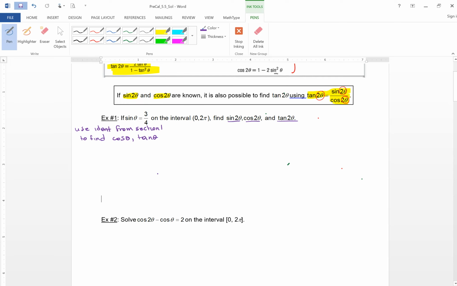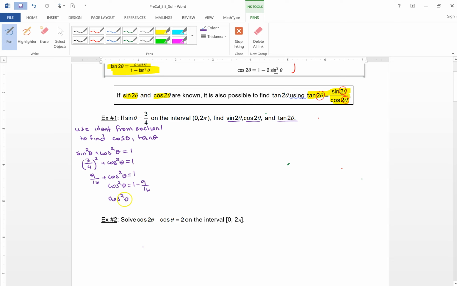If you have sine of theta, how do you find cosine of theta? Well, sine squared theta plus cosine squared theta equals 1. So here we have 3 over 4 squared plus cosine squared theta equals 1. 9 over 16 plus cosine squared theta equals 1. Cosine squared theta is 1 minus 9 over 16.